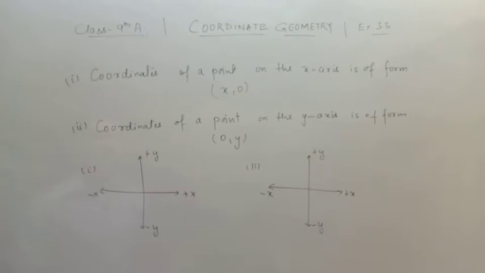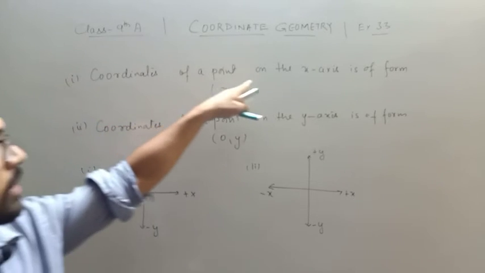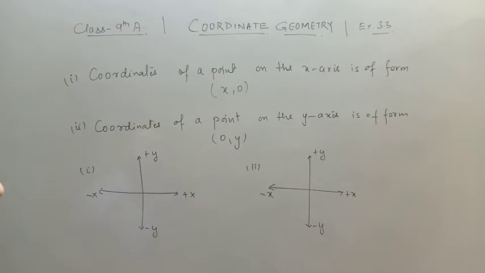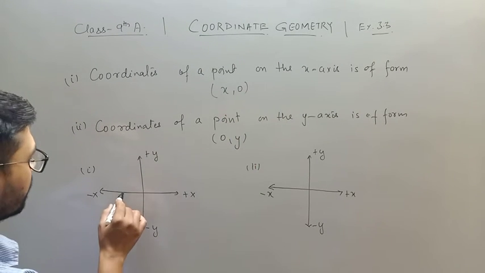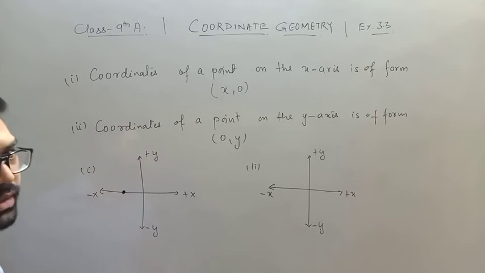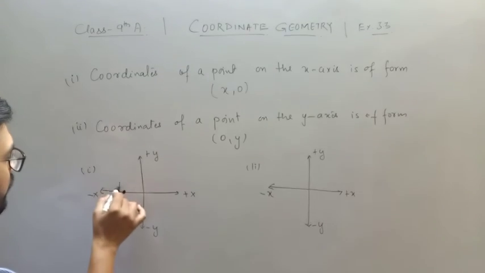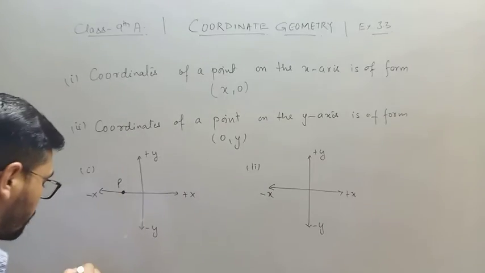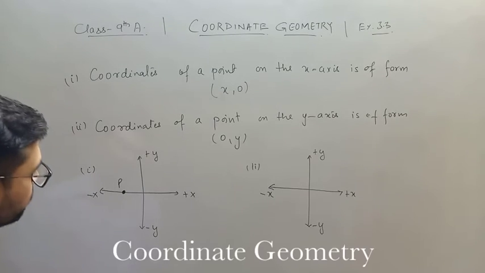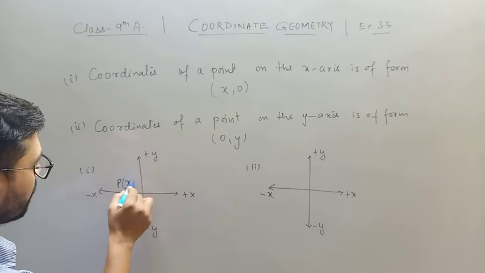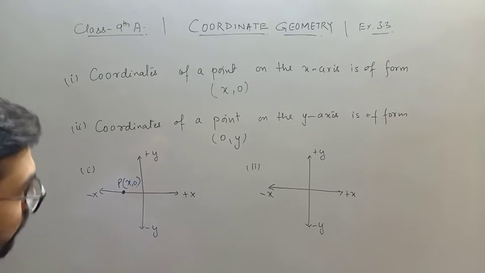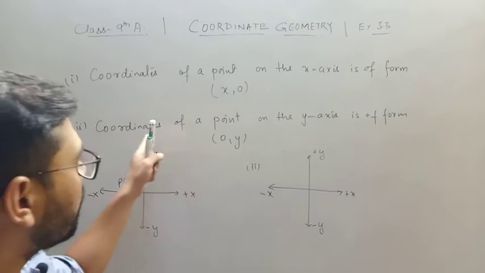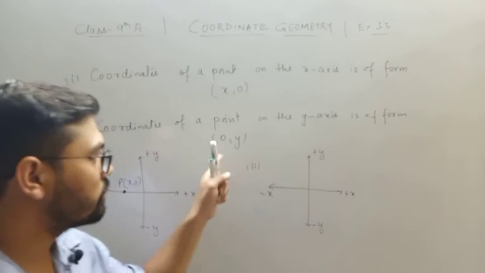For the first one, the coordinates of a point on the x-axis are of the form x comma 0. Let's say there's a point P which lies on the x-axis. So I can simply write the coordinates of point P as x comma 0. Similarly, as per the second statement, the coordinates of a point on the y-axis are of the form 0 comma y.